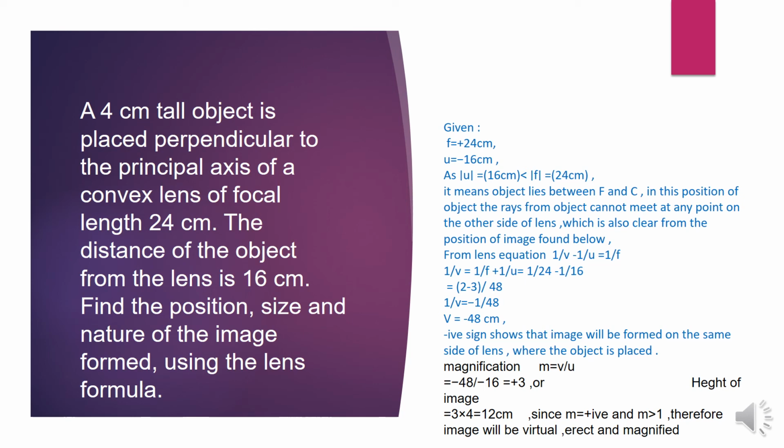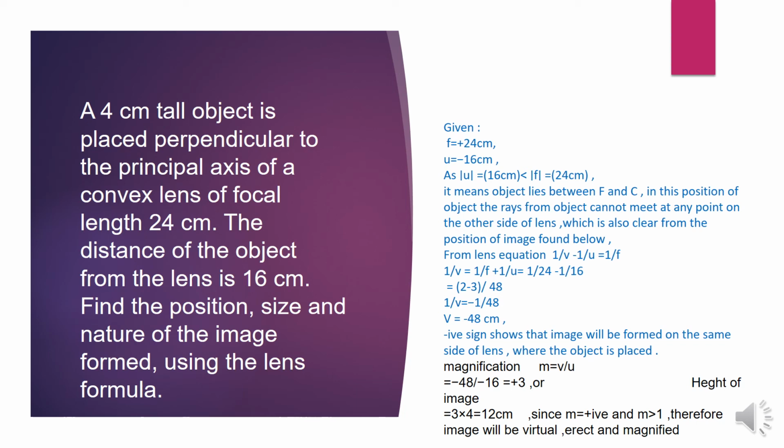So now the magnification formula is m is equal to v by u. So substitute the values. Minus 48 by minus 16. So plus 3. What does it mean? It means that the image is positioned above the principal axis. That means it is an erect image.